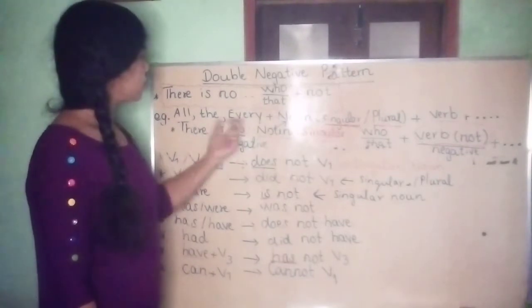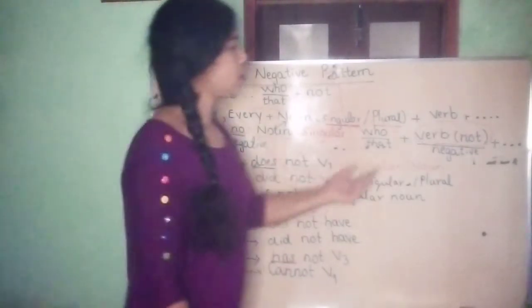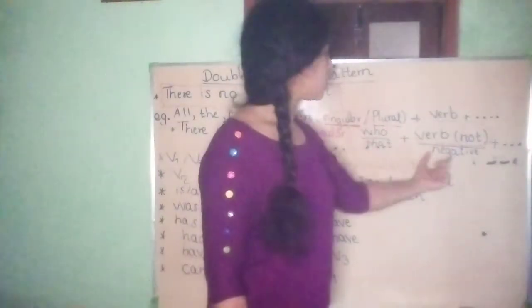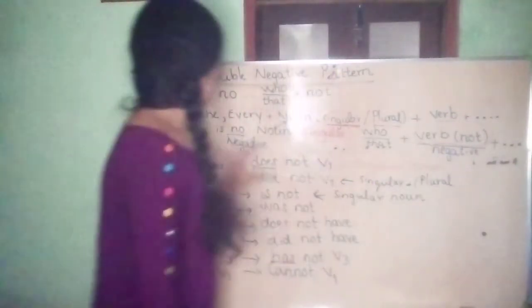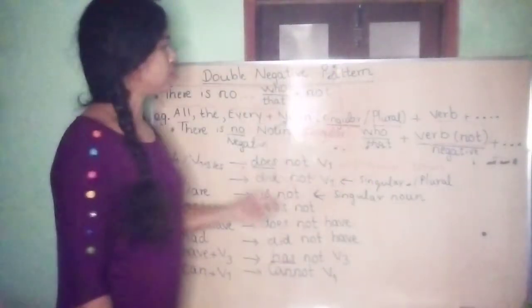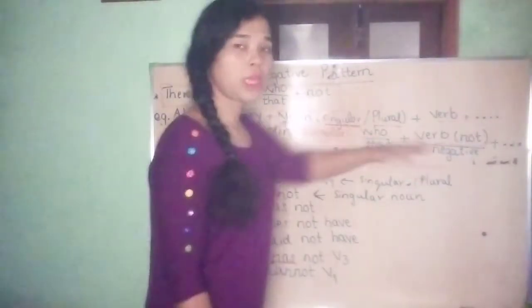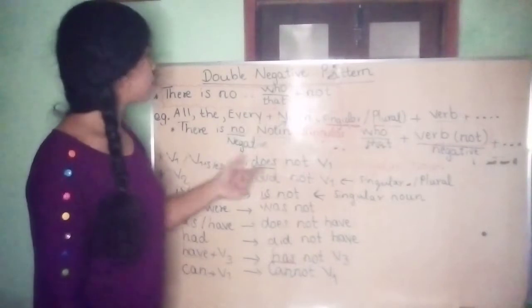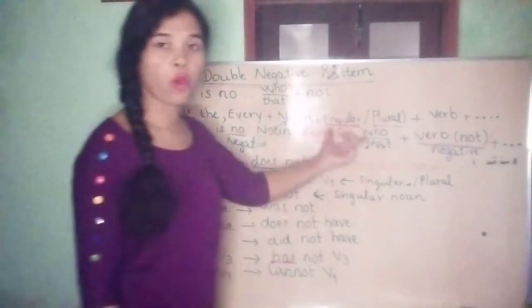There is no. No is a negative word, and if you change the verb into negative form, this is also negative form. So there are two negative words in this structure.